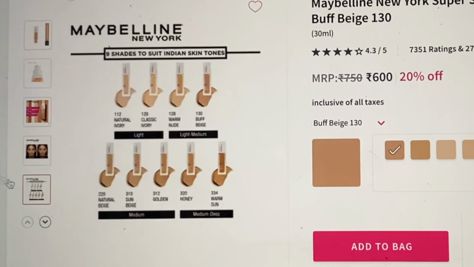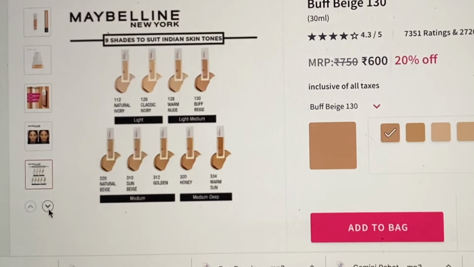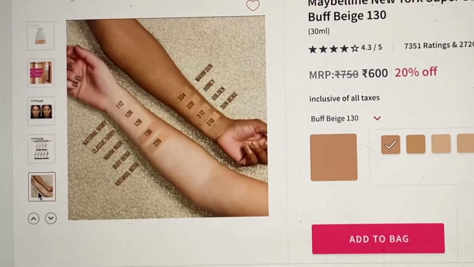So you look at the shade card and you eliminate the obvious ones that you know are definitely not even close to your skin, and you come down to 5-6 options or 3-4 options depending on the shade range that the brand has. You come down to 2 or 3 foundations that you think would be closer to your skin tone and your undertone. Now, the next step is to write those on a piece of paper.